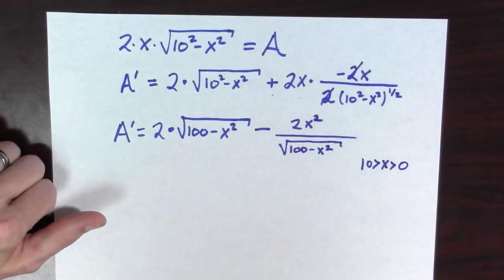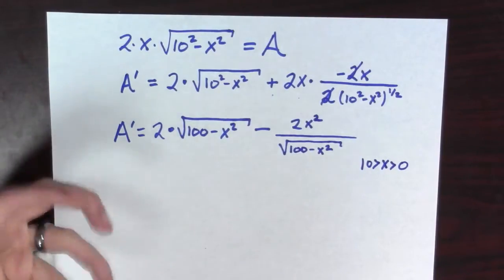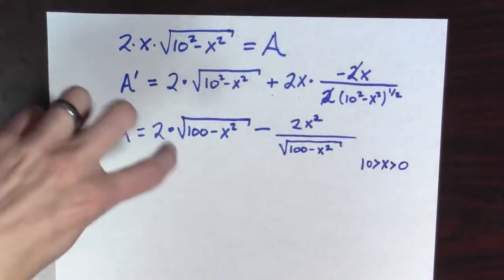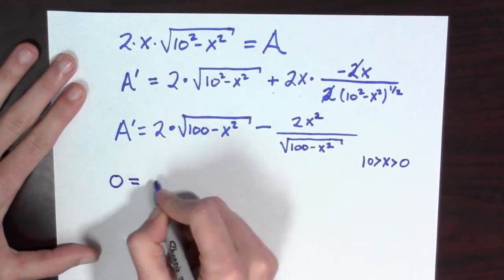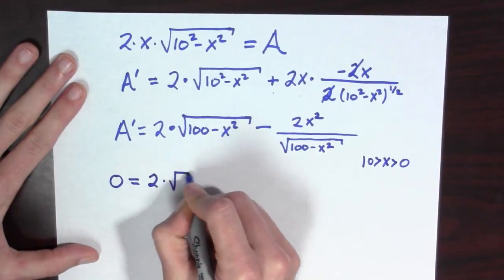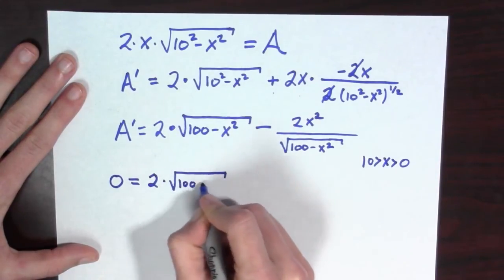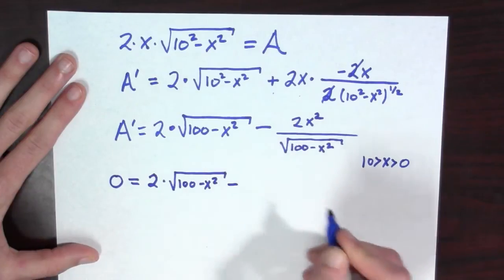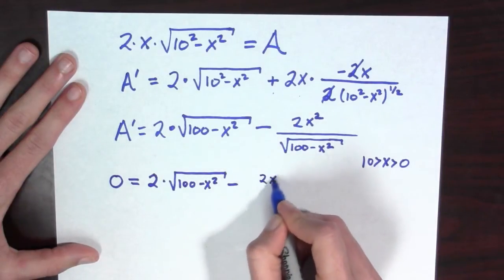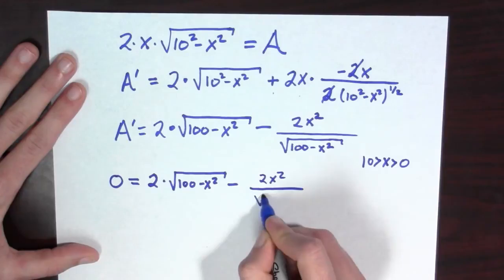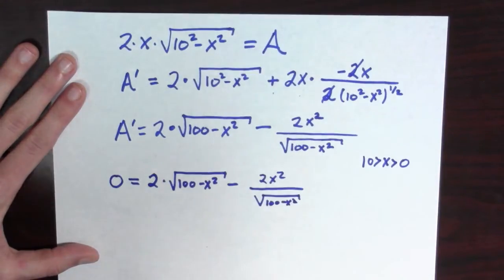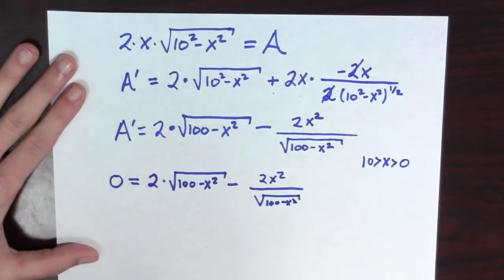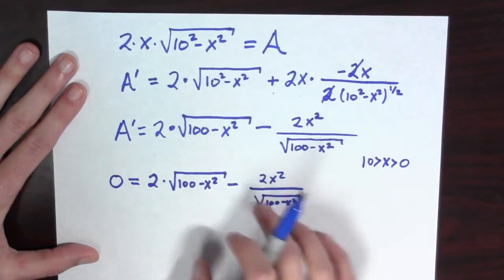And if I make this assumption, then there are no other critical points except for where perhaps this thing equals 0. So let's see if we can figure out when this thing equals 0. So 0 is equal to 2 times the square root of 100 minus x squared minus 2x squared all over the square root of 100 minus x squared. Well, I can multiply everything under the sun by the square root of 100 minus x squared, and that will take care of this square root in the denominator.